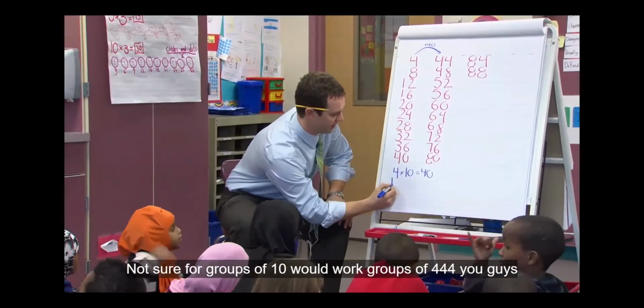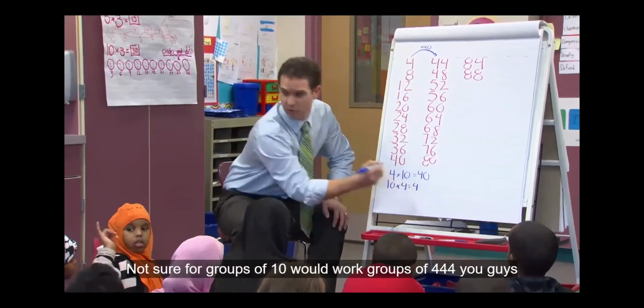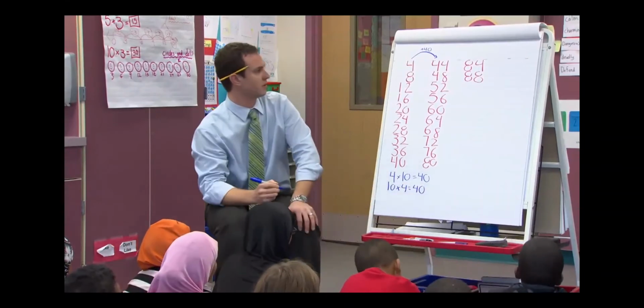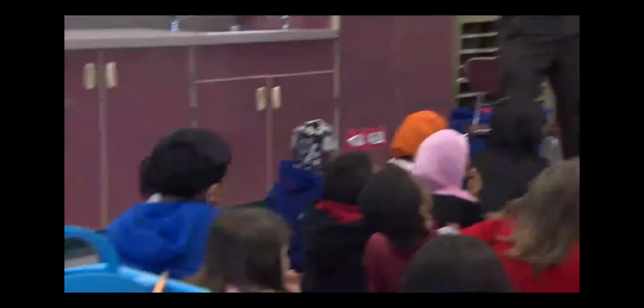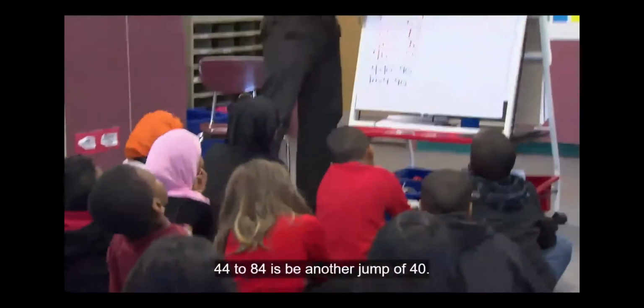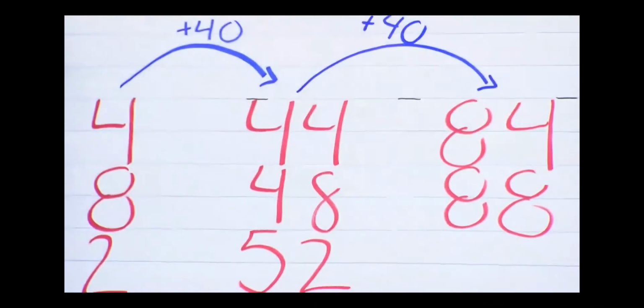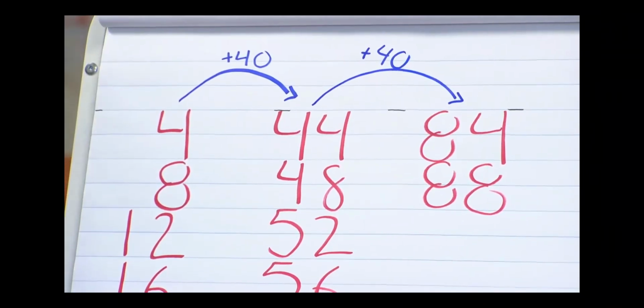Yeah, we have 10 groups of 4, which equals 40, right? You agree with that? Does that happen here too? Yeah. 44 to 84 gives me another jump of 40. That column only has 2, but we only did 2 in that column, right? Yeah. Very fancy.